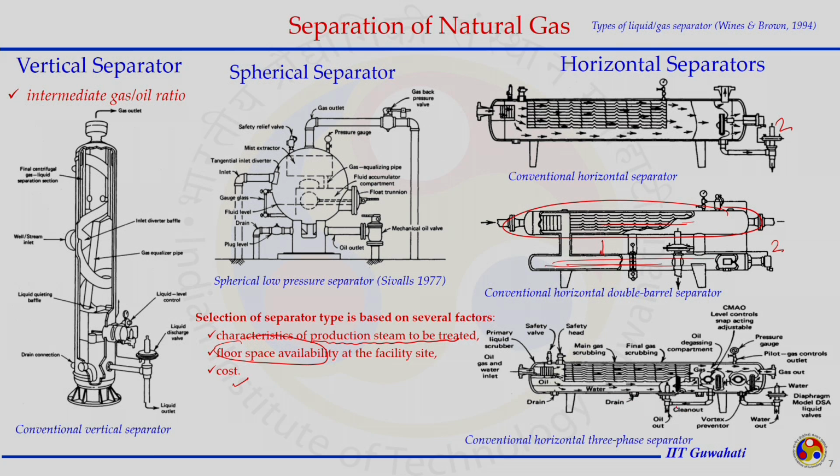For the three-phase separator, we have two separate outlets for oil and water, and you will see several other accessories like the safety valve, safety head and pressure gauge, which are an integral part of the separator. They are for safety and monitoring purposes.